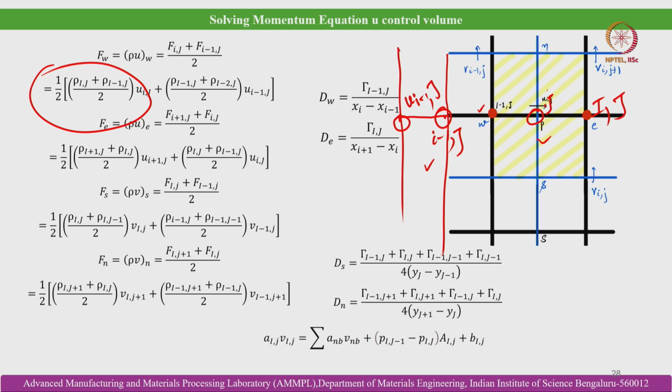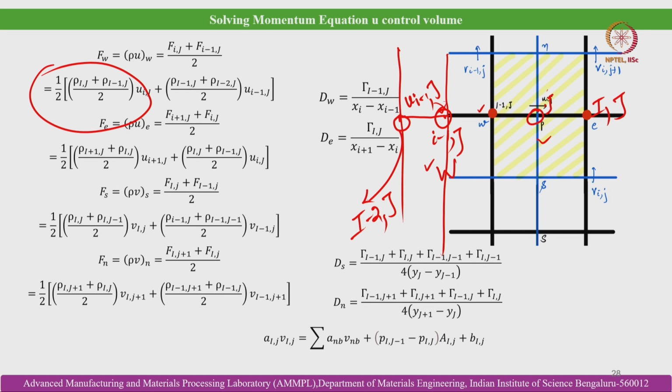So here it is u I minus 1 j for this point, and for this point it is capital I minus 2 comma capital J. So rho I minus 1 j for F I minus 1 j can be expressed as rho I minus 1 j plus rho I minus 2 j divided by 2 into u I minus 1 j, for this point, which is at the capital W, the west face.